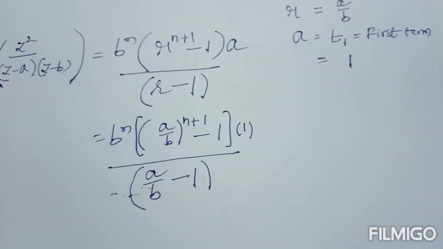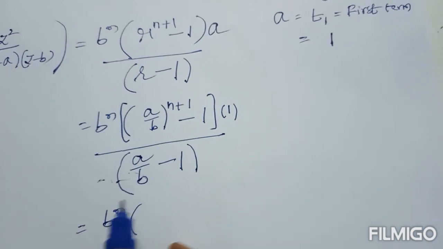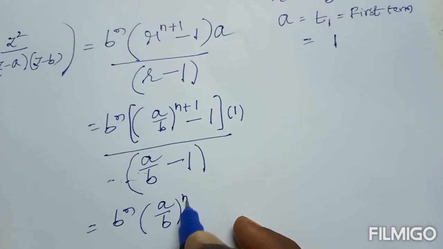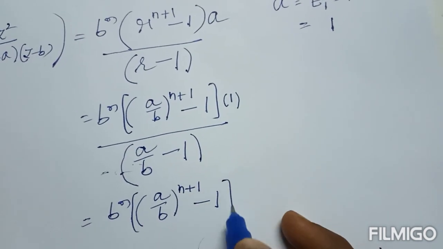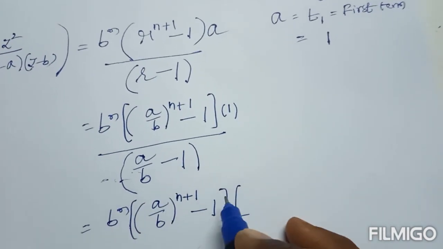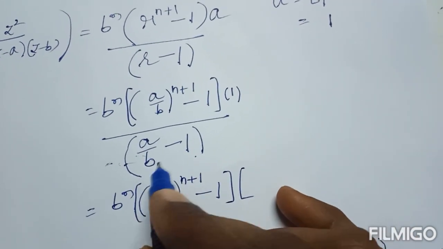Okay, now ordinary simplification. Now b^n times ((a/b)^(n+1) - 1). Here the denominator will be changed as (a - b) by b, by LCM.